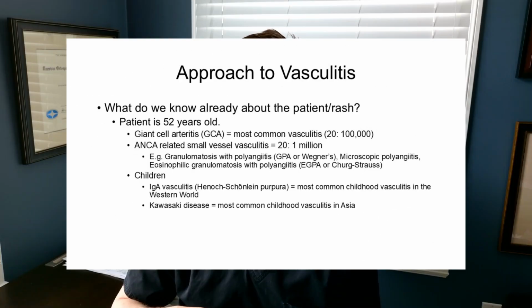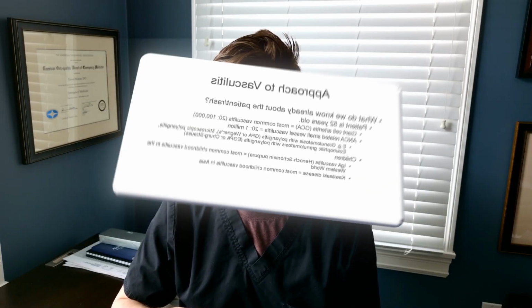So we already know they're an adult, so that makes things like IgA vasculitis or Henoch-Schönlein purpura much less likely, although about 10% of patients fall into the adult category with this, where 90% of patients, I believe, are less than 10 years of age. Also, things like Kawasaki's would be much less common since it's an adult. This is the most common vasculitis in Asia.